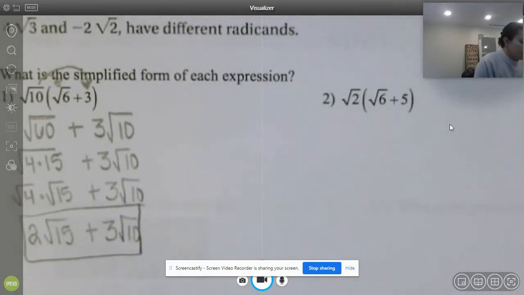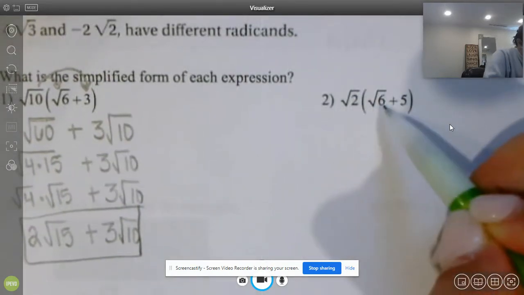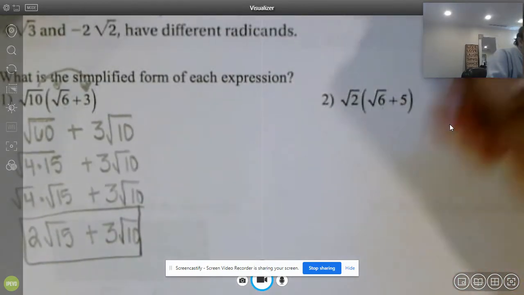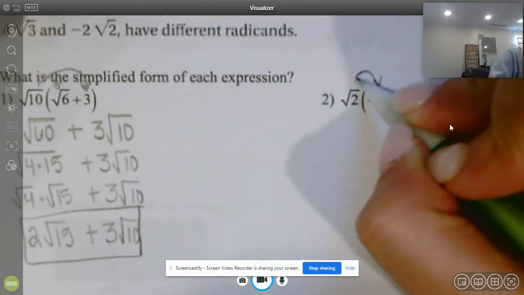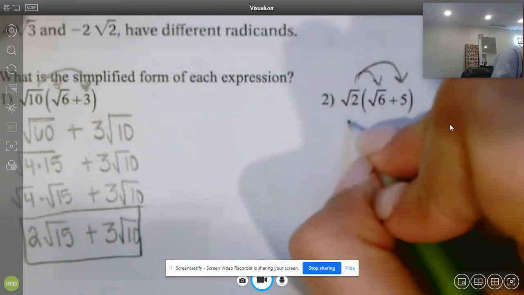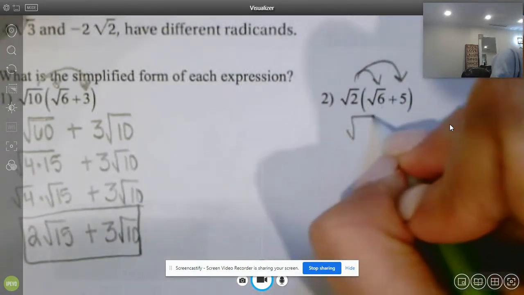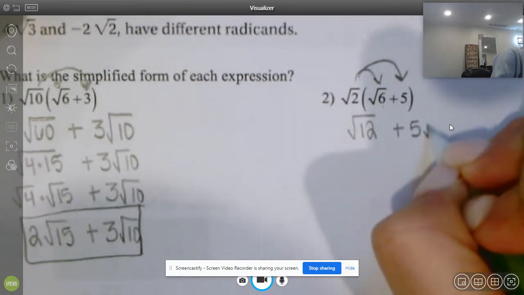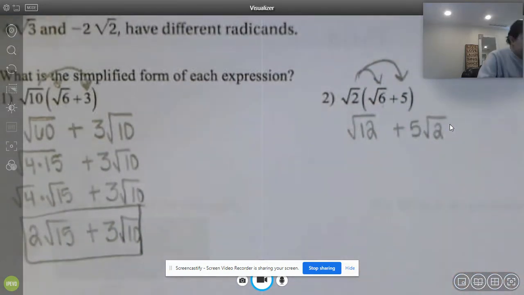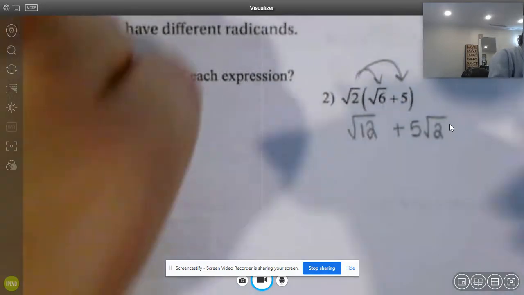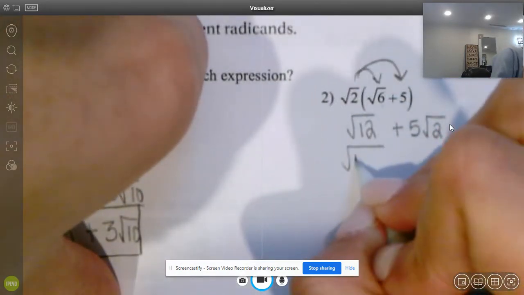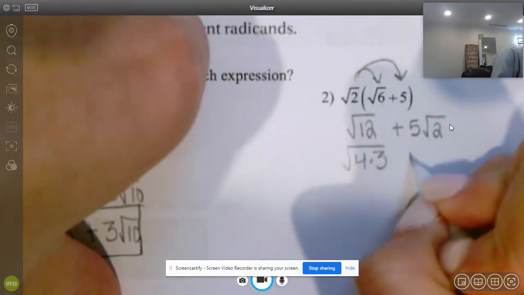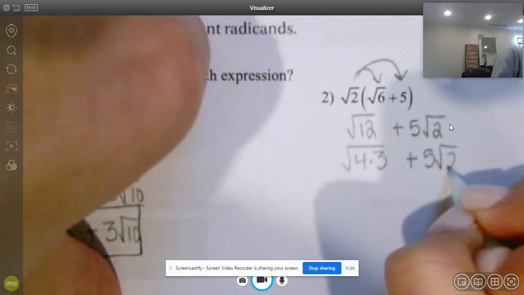Okay. Same thing with number 2. We have the square root of 2 times the square root of 6 plus 5. So we can distribute the square root of 2 to everything on the inside. 2 times 6 is 12. So this turns into the square root of 12 plus 5 root 2. Okay. So the square root of 12 can be broken up into the square root of 4 times 3 plus 5 root 2.